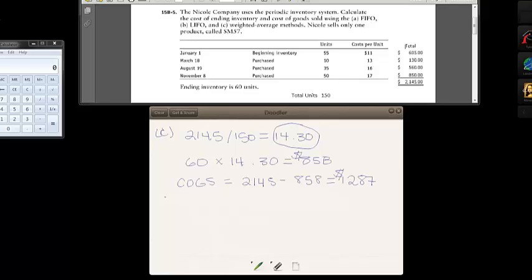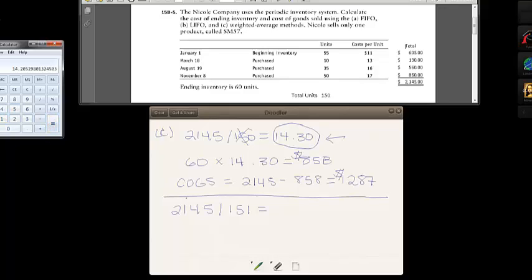Okay, now to emphasize the rounding that goes on right here, let's just say, for example, that this wasn't 150. Let's say it was 151. If it was 151, let's see what we get here. 2145 divided by 151.